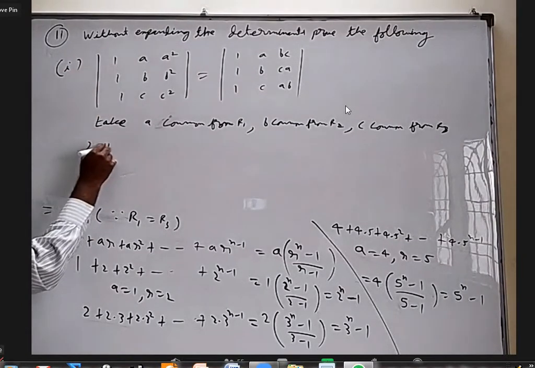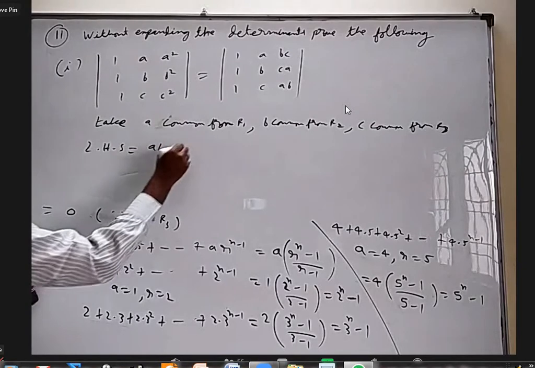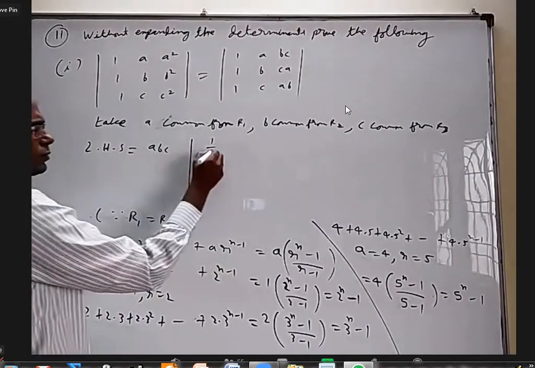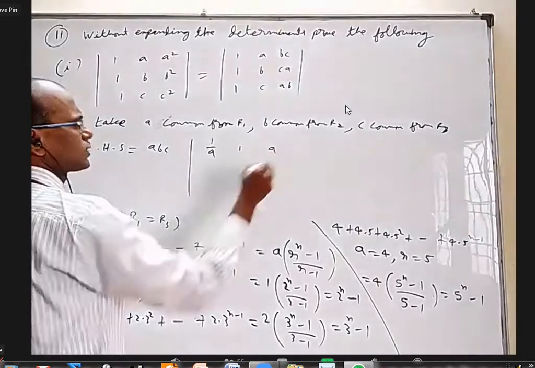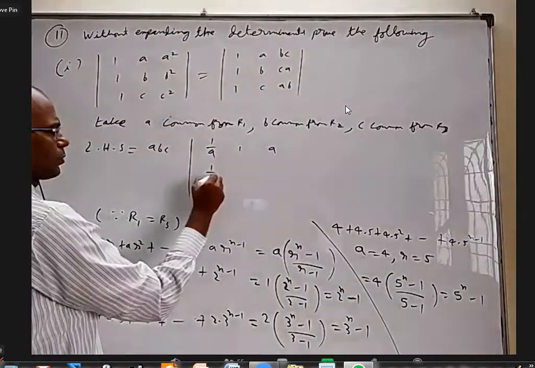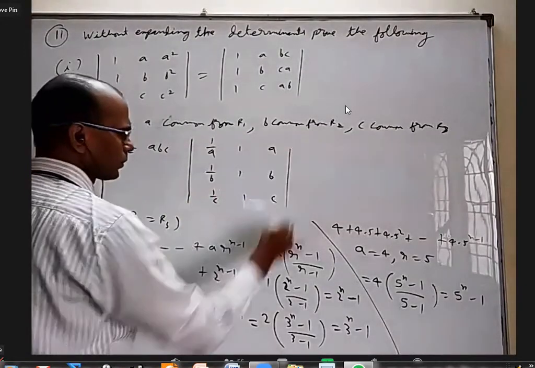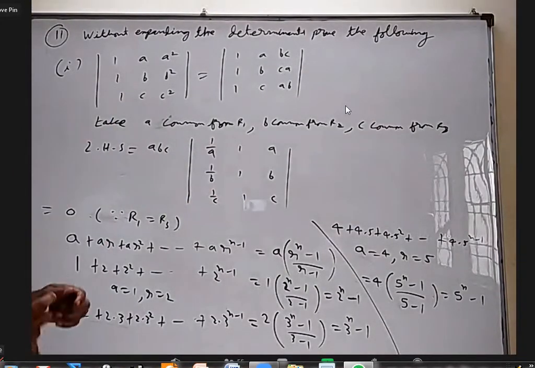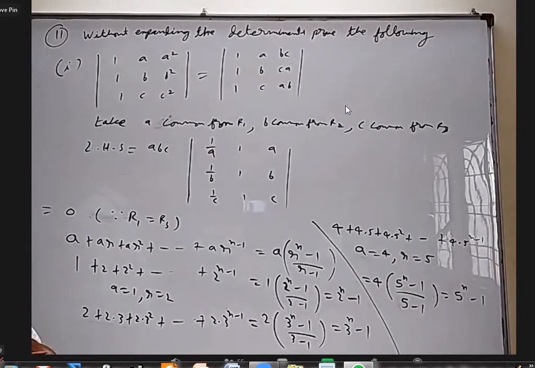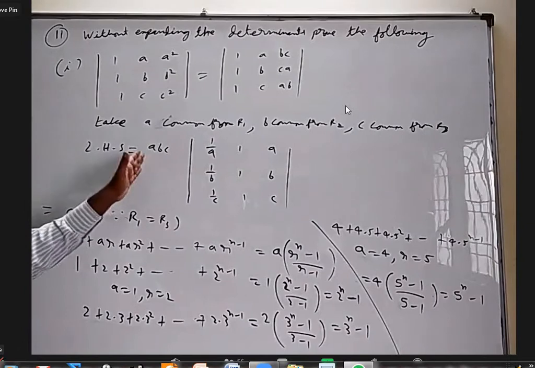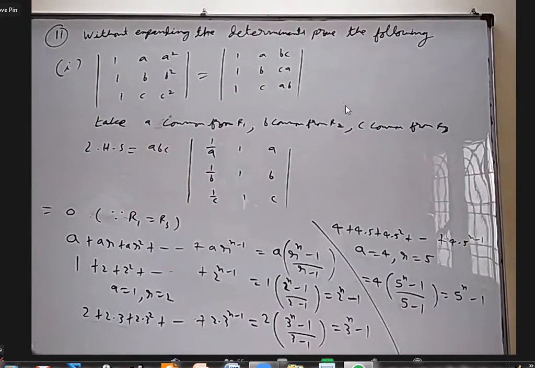So the LHS becomes ABC into determinant with rows 1 by A, 1, B; 1 by B, 1, B; 1 by C, 1, C. Because when I take something common, I have to multiply outside. No? I cannot leave it. Is this step okay? Yes, sir. Okay. If I take some 5 common here, then that 5 I have to write outside because it will multiply the determinant.